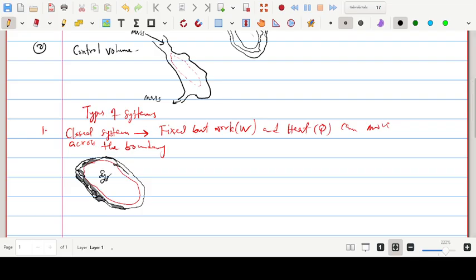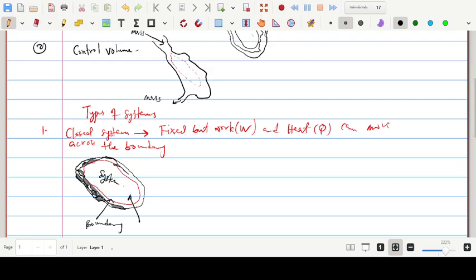This is a system. So fixed mass is there. Then this is the boundary. By definition, this is the boundary. The boundary distinguishes the system from the surroundings. So that's just the layer that you have. Another thing is work.